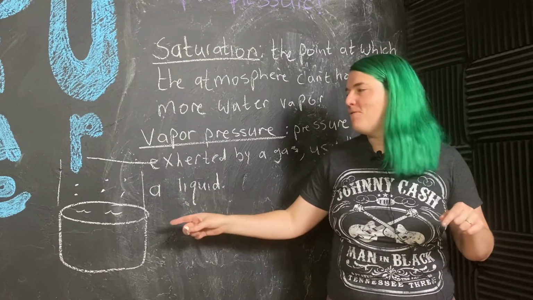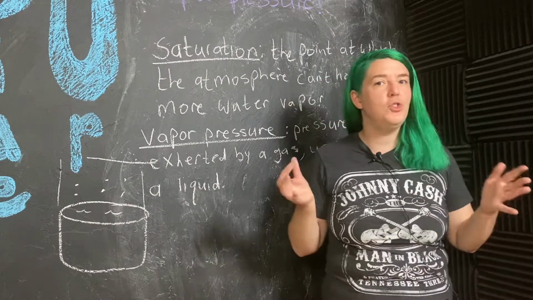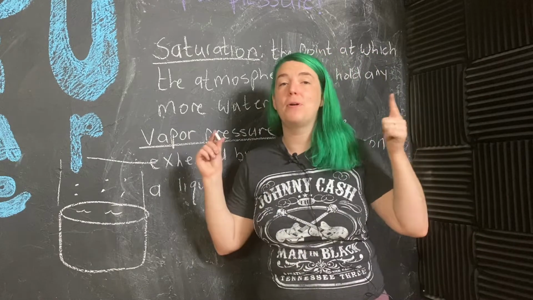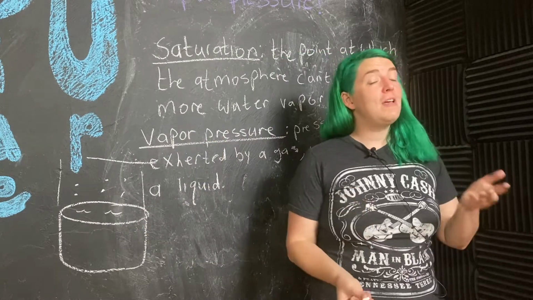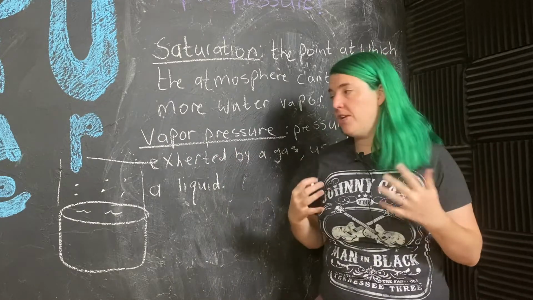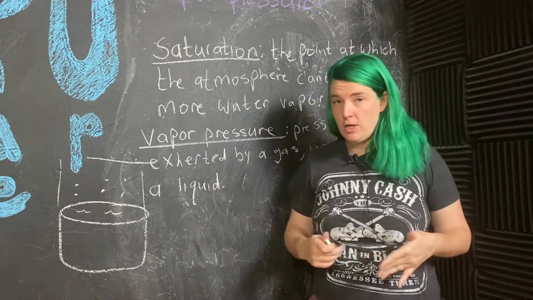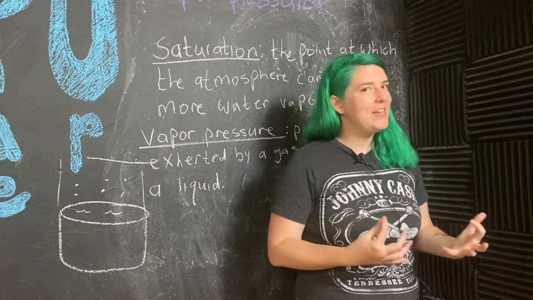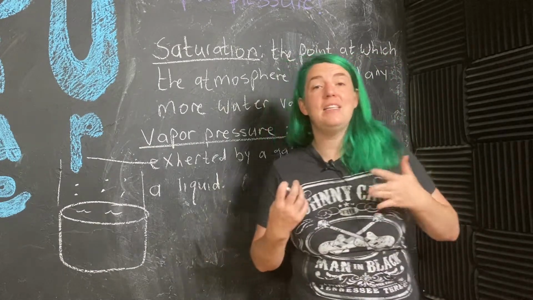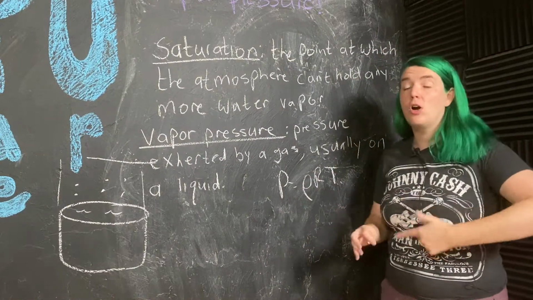What does it mean for this to be at saturation, and what does the pressure have to do with that? Because that is what we are talking about with saturation vapor pressure. The saturation vapor pressure is the vapor pressure, the pressure at which we are at saturation for a given temperature. So far when we've talked about saturation, we've talked about it in terms of temperature, but we know from the ideal gas law that pressure and temperature are related.